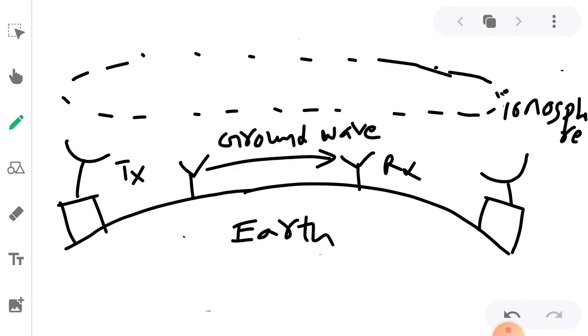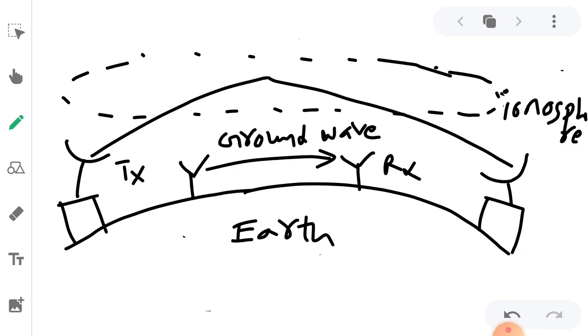The signals transmitted from the transmitting antenna are returned to the receiver antenna by reflection and refraction by the ionosphere. This is sky wave propagation, which uses the ionospheric layer.